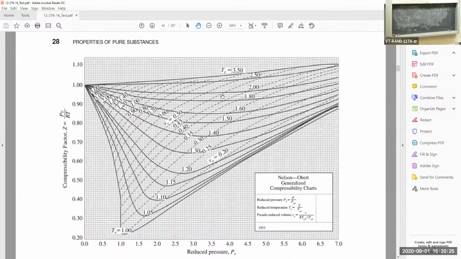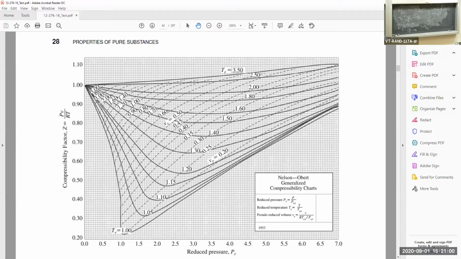There's our compressibility chart. 0.5 is our reduced pressure, so we're along a vertical line going through here. And reduced temperature, what was that again? That was 1.2. Here's 1.2 right here. Here's my 1.2 reduced temperature line, that solid line. So I'm at 0.5 reduced pressure. And I go up to the 1.2 reduced temperature line.